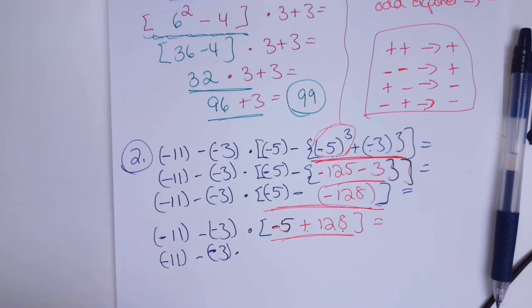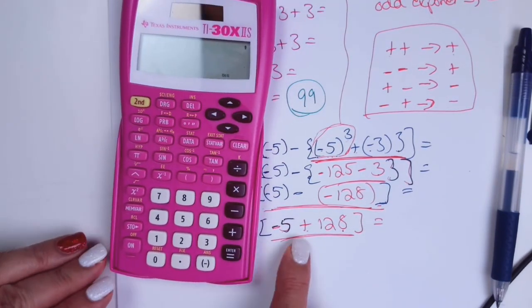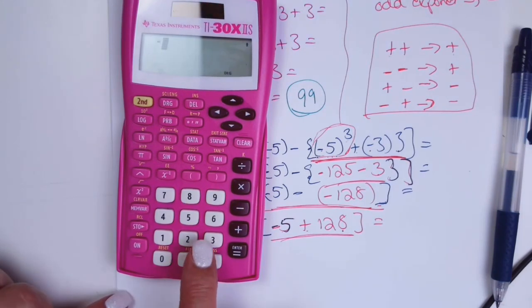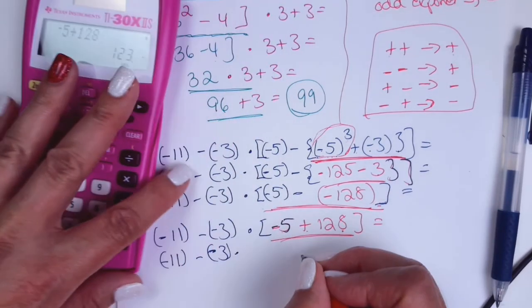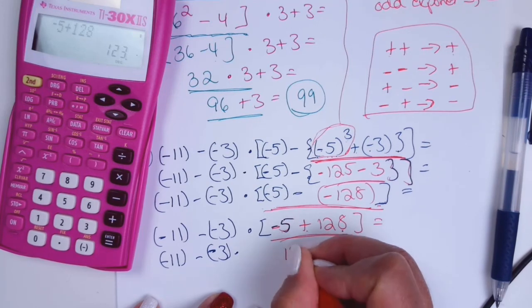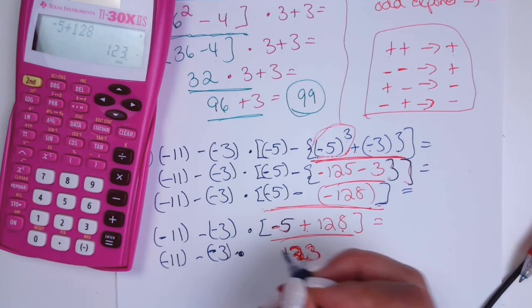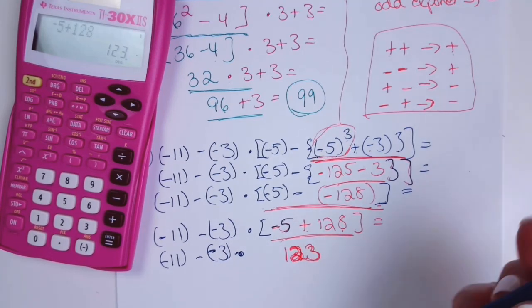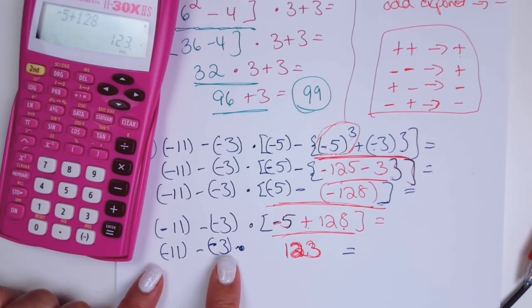And again, if you're using the calculator, for that negative sign, you're going to use this, -5 plus 128. That is 123. Oops, 123. A positive. So there's a multiplication here. So we have -11 minus -3 times 123.